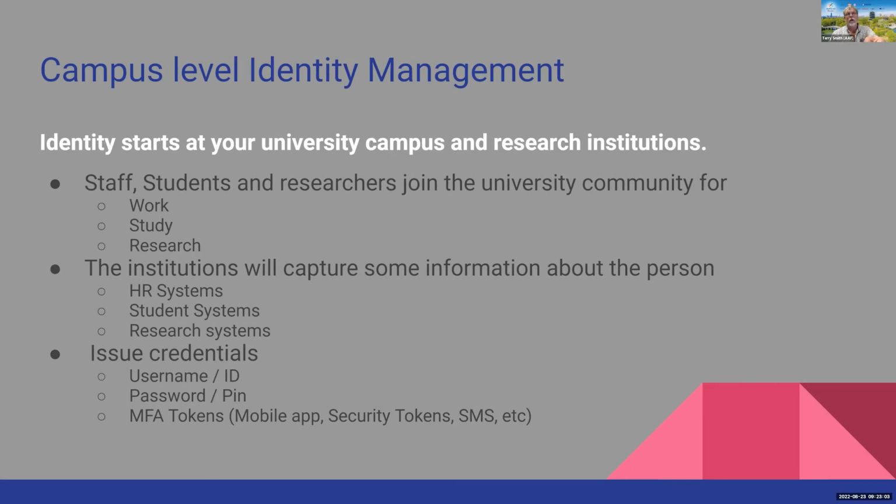I've got this old YubiKey that I got at a TNC conference in Portugal, I think. They were giving them out. And there's other methods of providing multi-factor authentication. So on campus, they are issuing the credentials, they are storing information about the people who are part of the university, and it's all good.